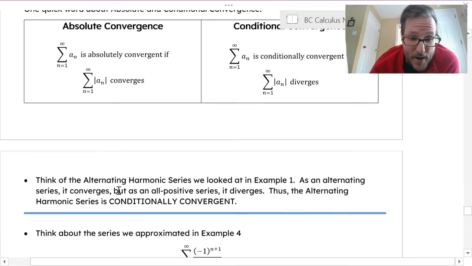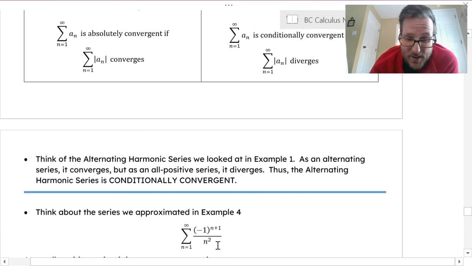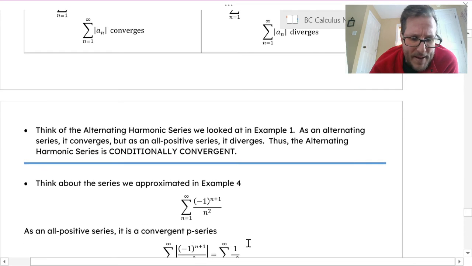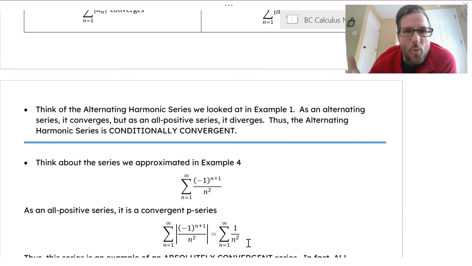Now, compare that to example 4, which was the alternating series with n squared in the denominator, if you remember that. All positively, that would just be the p-series 1 over n squared. Well, we know that 1 over n squared is a convergent p-series. So for that one, the alternating series and the all positive series both converged.